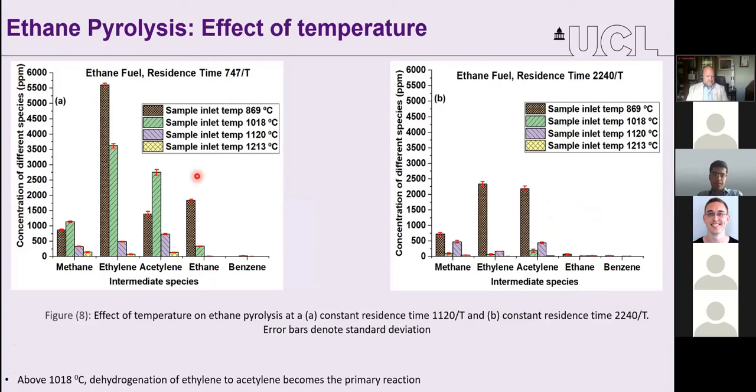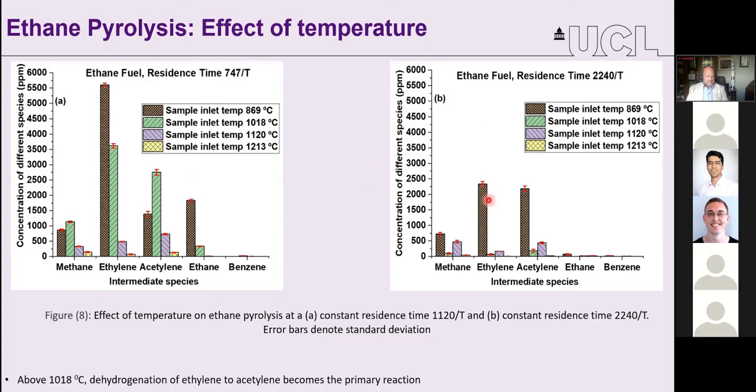At this point, there is no substantial amount of ethane present, suggesting that the dehydrogenation of ethylene to acetylene becomes the primary reaction. At the lowest residence time, benzene was not detected and the concentration of methane decreased with increase in temperature as expected.